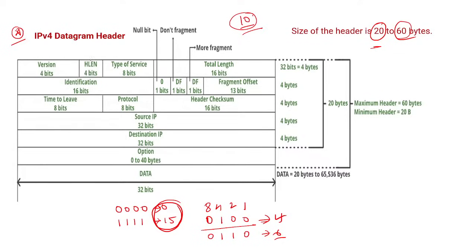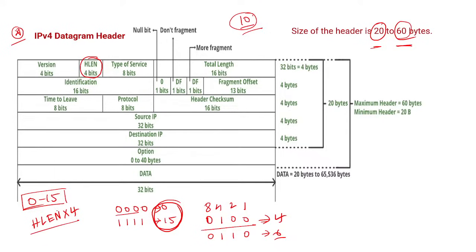Next one is the header length. Header length is also 4 bits. But the problem is that header length can be up to 60, and using 4 bits you can do 0 to 15 only. Then how can you represent 60? That's why you always have to multiply the header length with 4.